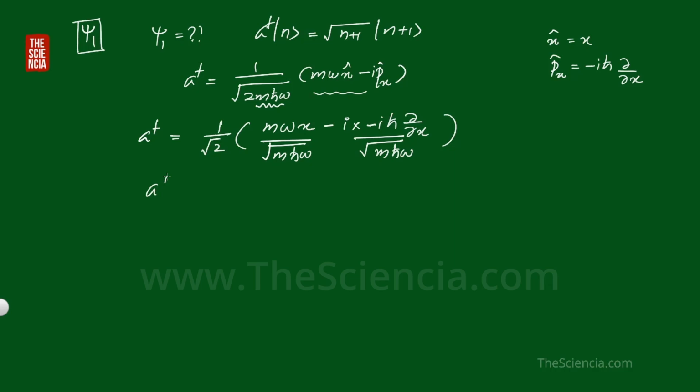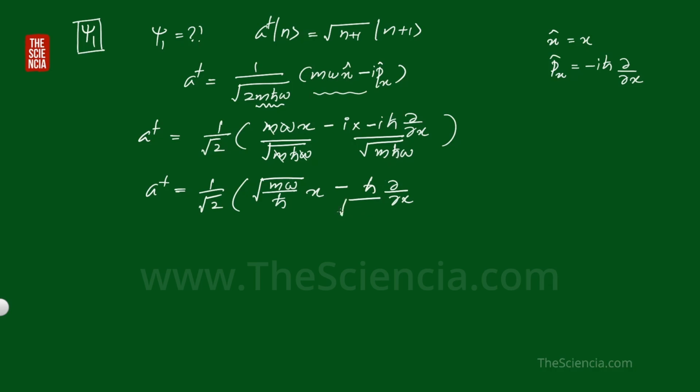So that is, a dagger is equal to 1 by root 2 into, see, one of the root m and m will cancel and omega will cancel. So we will get root of m omega by h cross x. Here minus 1 into minus 1, that is plus, then i into i, that is minus, h cross dou by dou x by root m h cross omega.